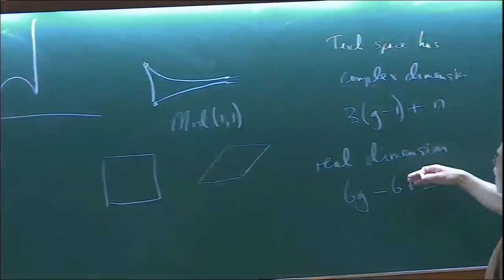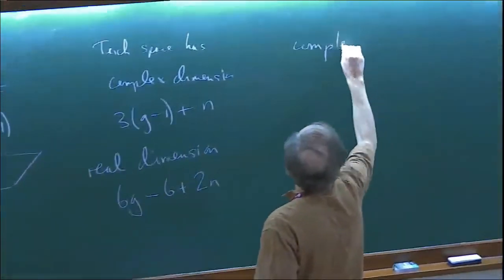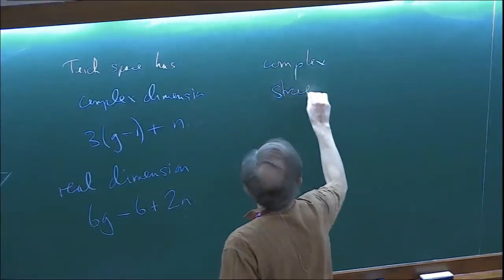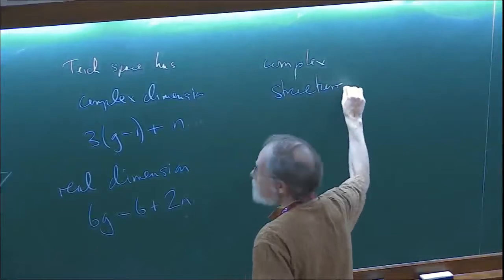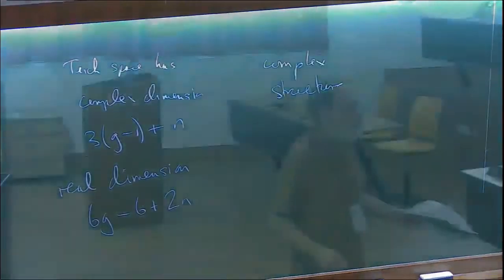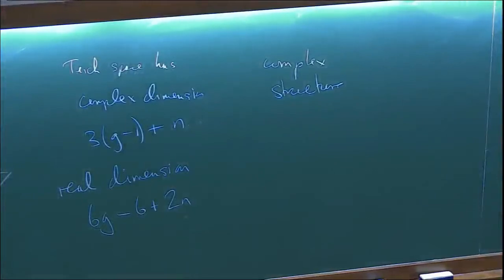which is then passed down to the moduli space. There is a complex structure. It's been described in lectures that I heard earlier this week. I think it's easier to see what the complex structure is if you think about varying the conformal or the complex structure on Teichmüller space.